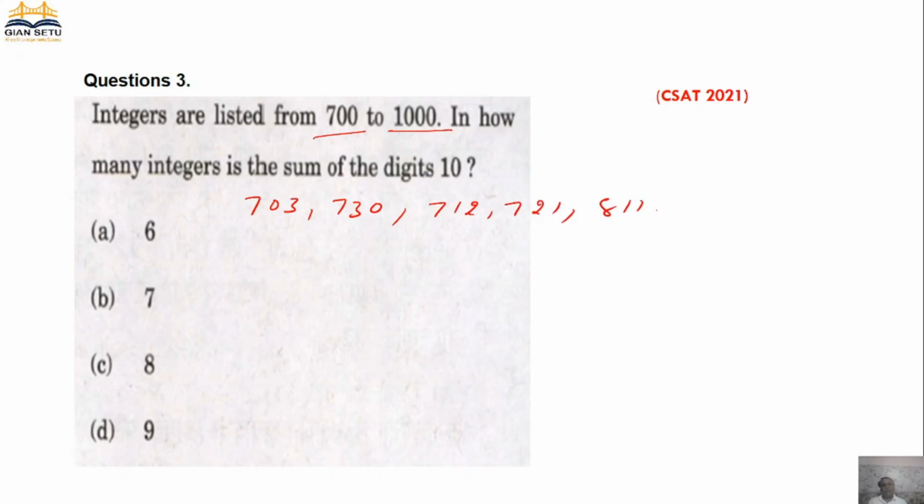Next 811, then we can have 802, 820, then 901 and 910. How many are these? 1, 2, 3, 4, 5, 6, 7, 8 and 9. Okay. So there are 9 integers between 700 and 1000, in which the sum of the digits is 10. Okay. So right answer is D here.